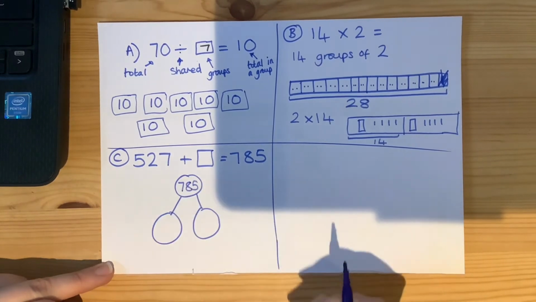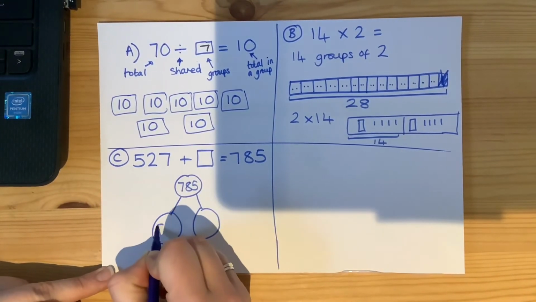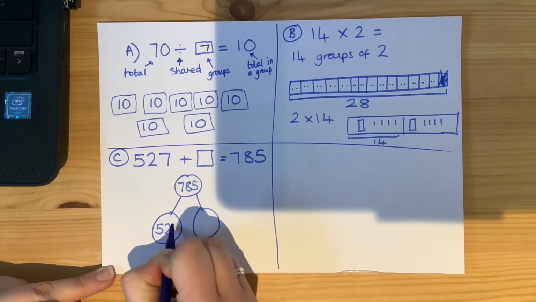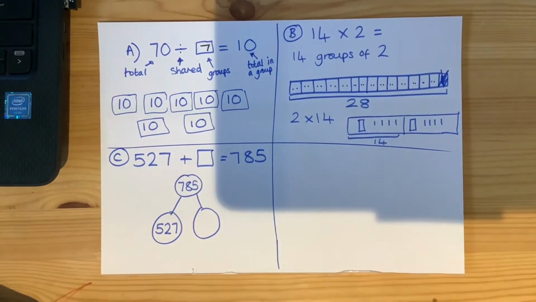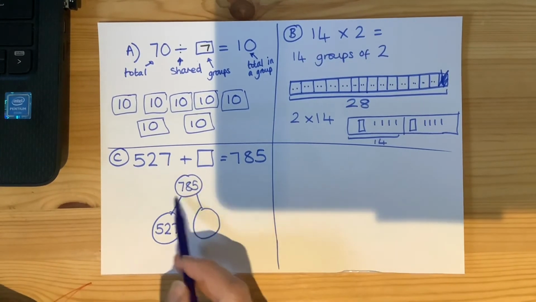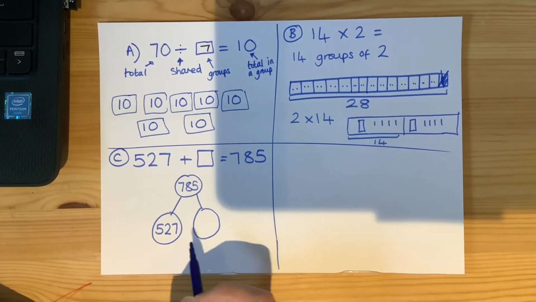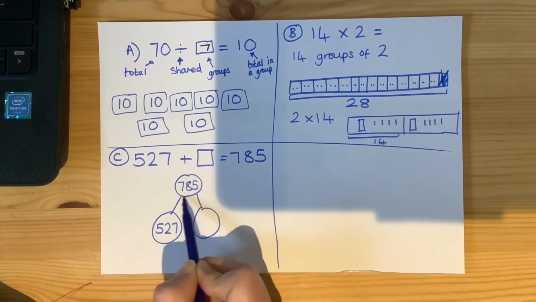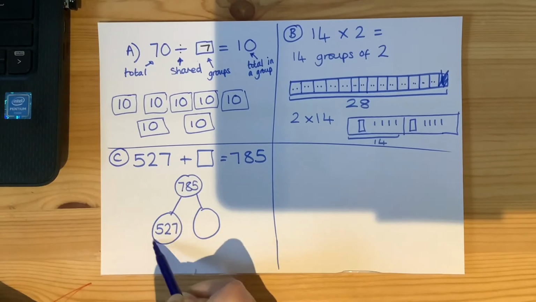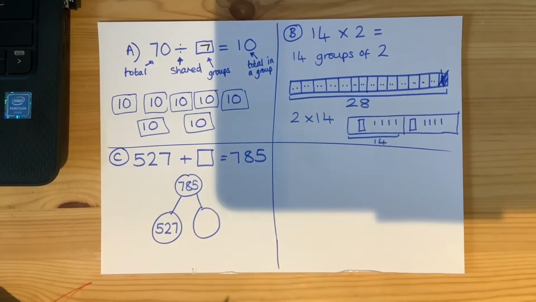So we've got 785 as our whole total. One of our parts is 527 and our other part is unknown. Now, we know that to get our total, we add our two parts together. We can also start with our total and subtract one of our parts. If we take away one part, we should be left with the other one.